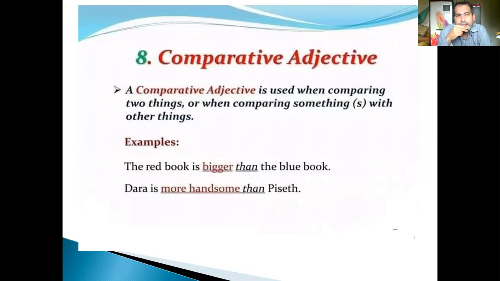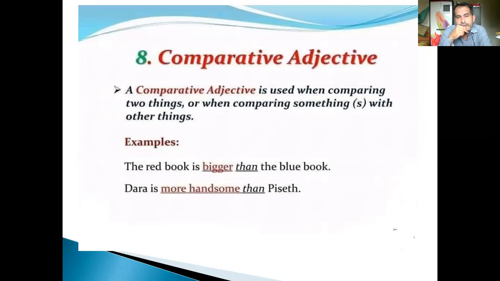Example, you see the example: the red book is bigger than the blue book. So the red book is bigger than the blue book. That means the blue book is smaller than the red book. So the words bigger or smaller are comparative adjectives.